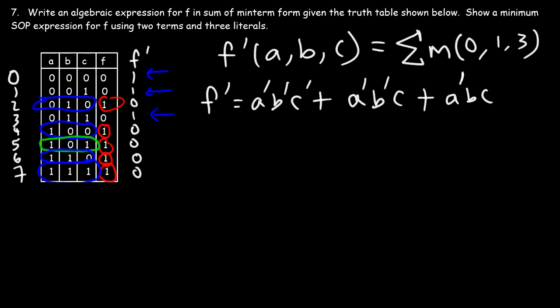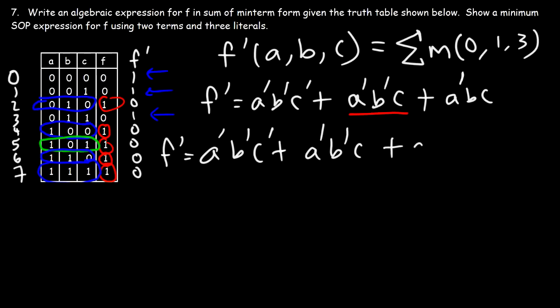What I recommend doing is making a copy of this term here. So we have A prime B prime C prime, plus A prime B prime C, plus A prime B C, and then a copy of this one, A prime B prime C.